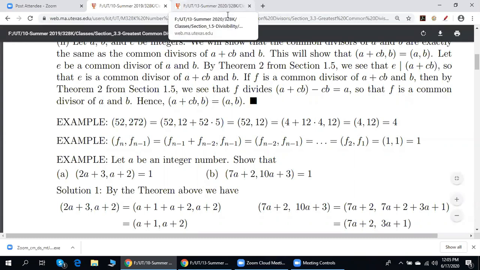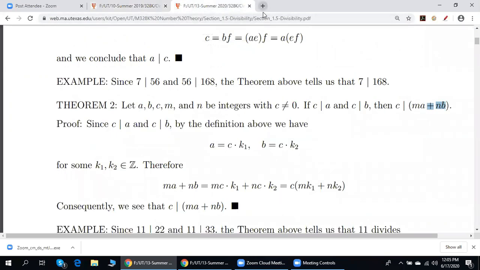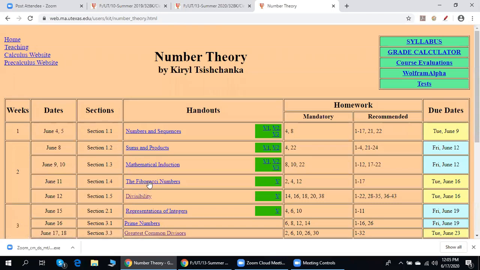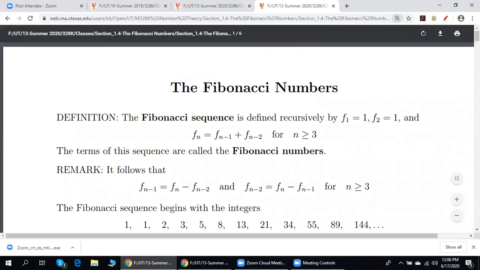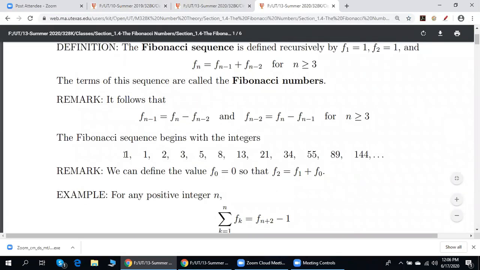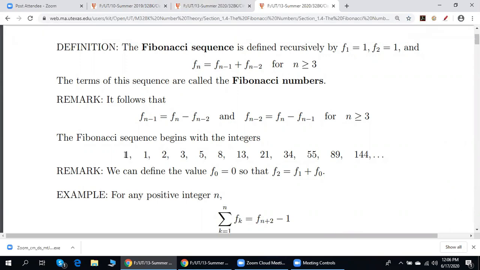Next example. Next example is pretty amazing. Let me go back to Fibonacci numbers. Let us start with these two terms, 1 and 1. Obviously, the greatest common divisor of 1 and 1 is 1.